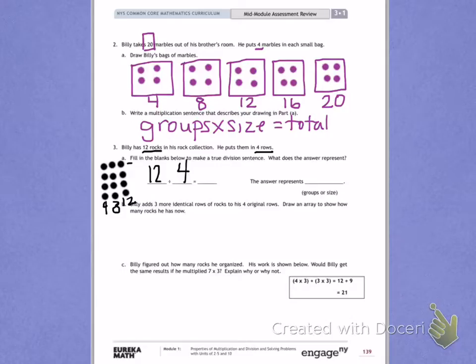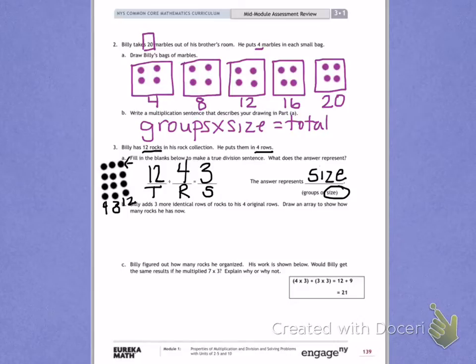When I look at each row, the size of each row, I see there are 3 rocks in each row. Looking back at my problem again, the 12 was my total. The 4 was my rows or my groups, which meant the 3 was my size. So the answer represents the size.